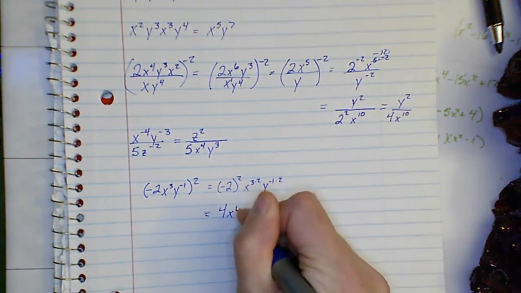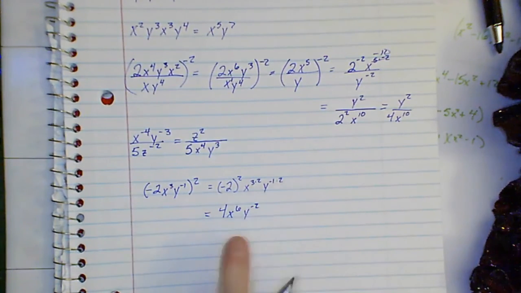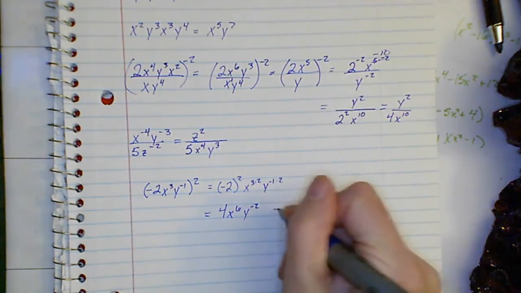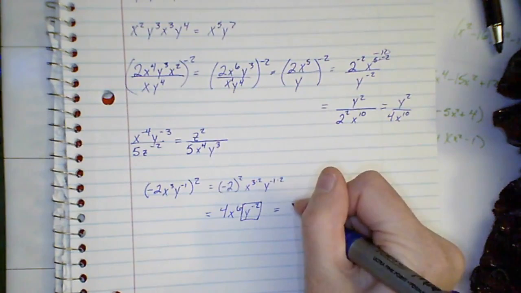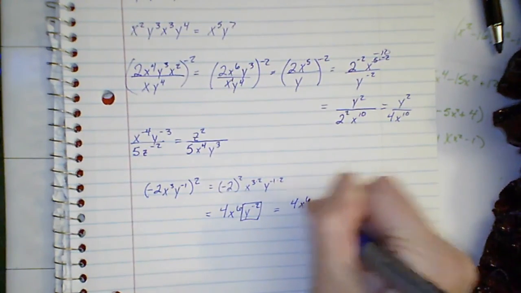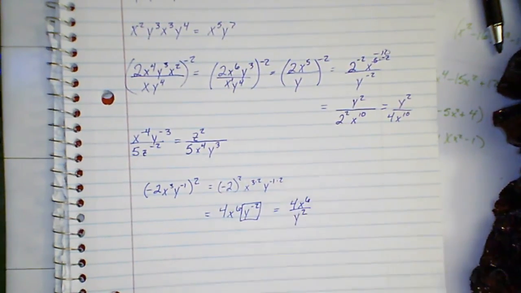We'll have x to the 6th, y to the -2nd. This is not complete yet. We cannot have a negative value if we're trying to simplify. So what we're going to do is only take that y to the -2nd and bring it downstairs to make it positive. This concludes our video.